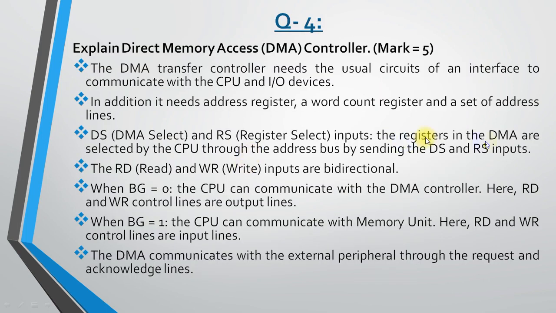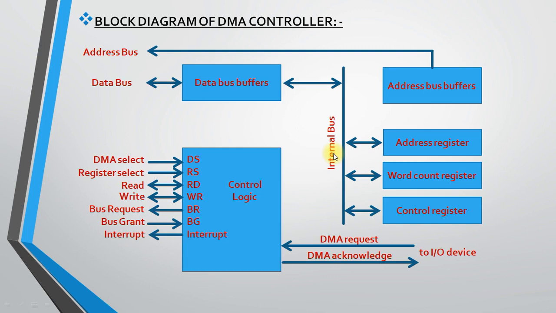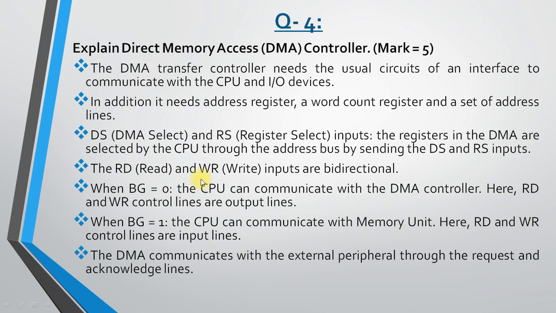So the registers in DMA are selected by the CPU through the address bus, by sending the DS and RS inputs.